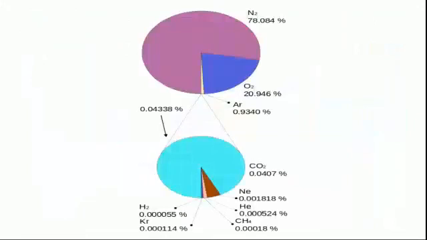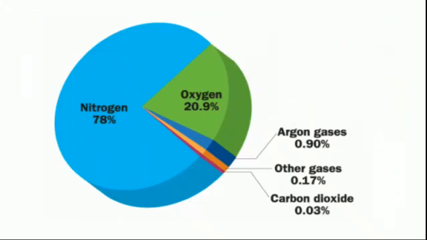There is also a percentage of carbon dioxide, which is useful for plants to make their food. It is near about 0.03%. One more graphical representation also shows the proportion of various gases in the air.